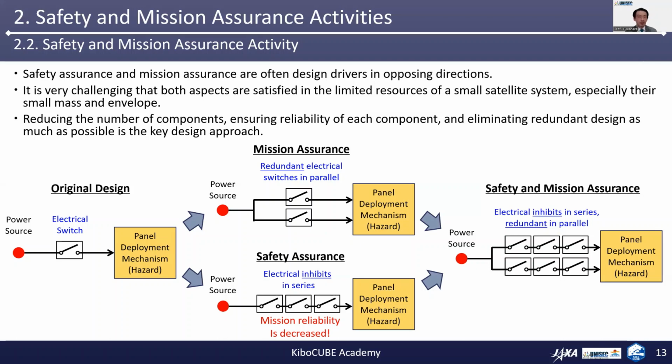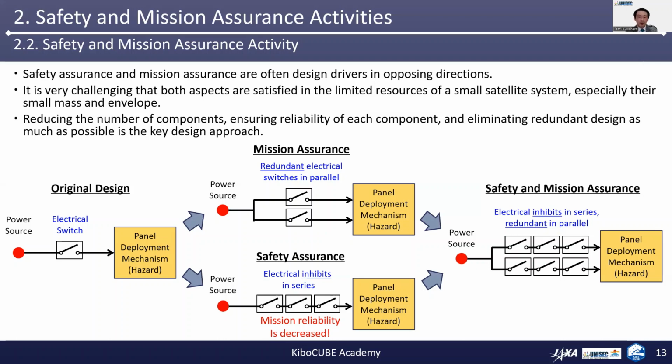So in this case, 3 switches in series, as the hazard can be classified as a catastrophic hazard, in an attempt to ensure that the panel deployment mechanism is not deployed during the launch and ground activities, even if 2 of these switches fail at the same time. So in this design, these electrical switches are called inhibits, with respect to the idea of redundancy.